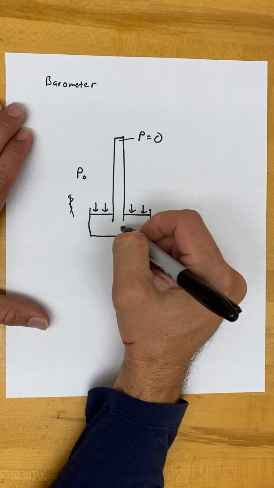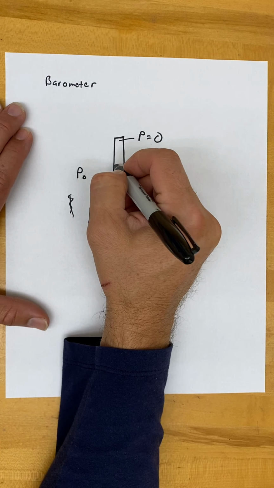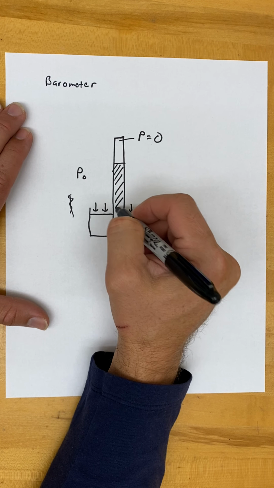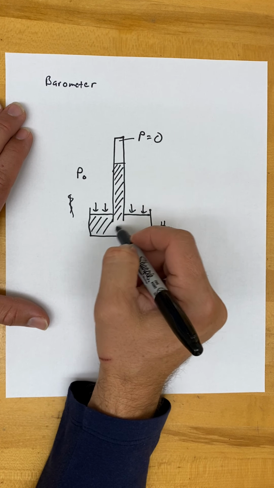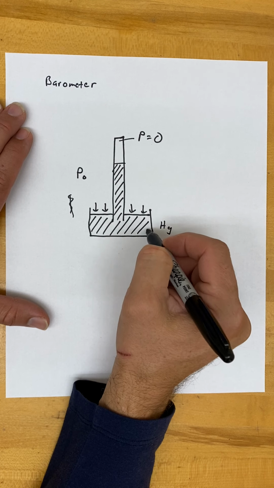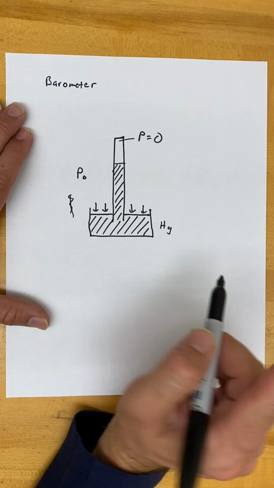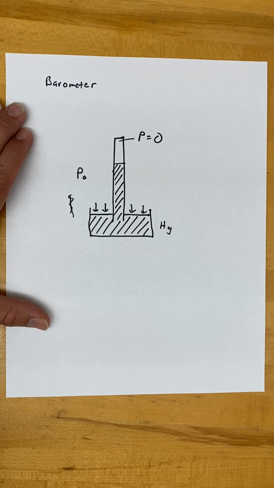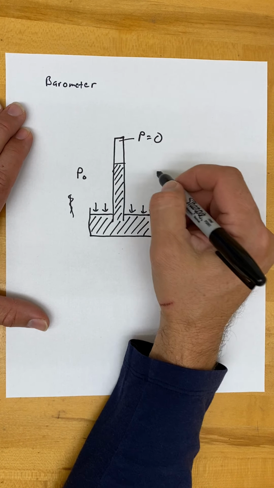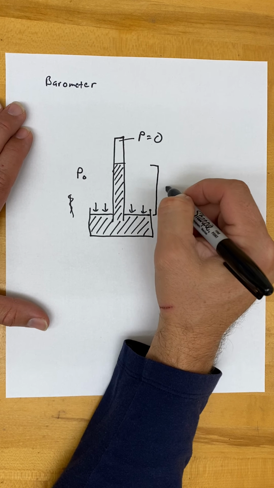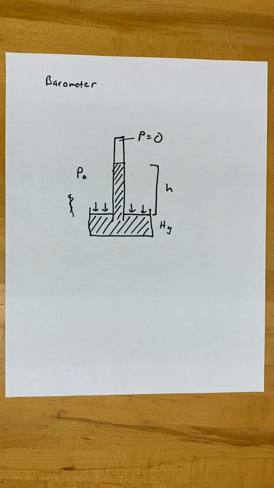That then pushes some of the mercury up the column, right? And so I'm gonna hatch where the mercury is. So I have mercury that's been pushed up the column. That's advantageous to me because I can then just actually measure this, right? I can measure the height of the column of mercury, that's some h.